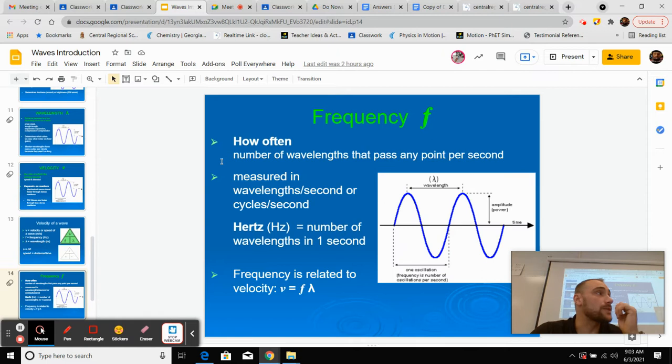Frequency. Pay attention to this because this will help us on several of these concept builders that we're going to do today. Number of wavelengths that pass any point per second, measured in wavelengths per second, cycles per second. If you went like this with your lips, and it said your lips move back and forth 120 times in 1 second, how many wavelengths are cycles?